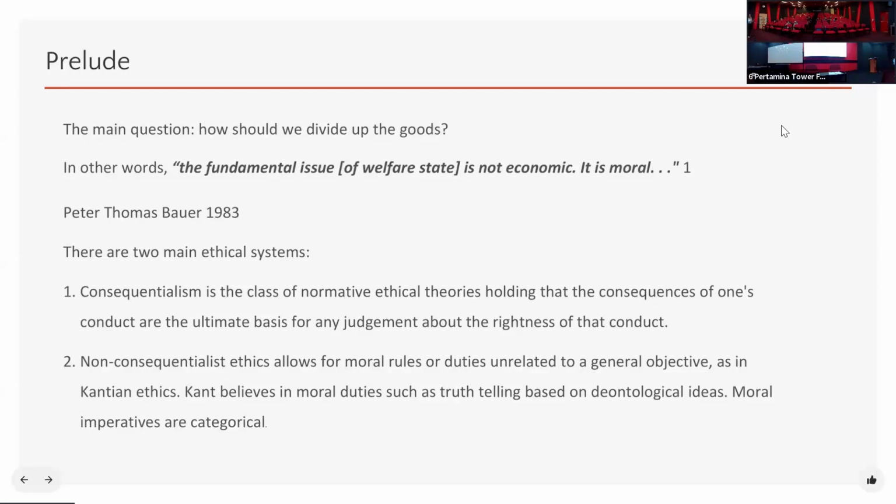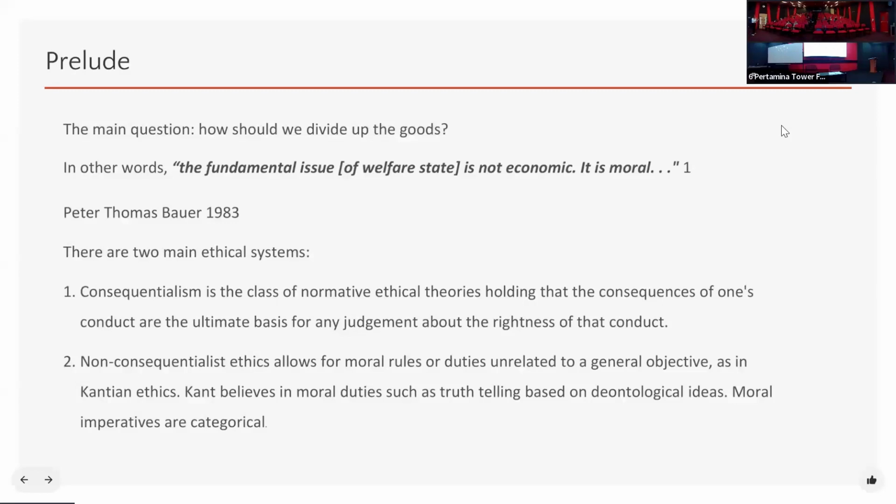And in very good words, this Hungarian economist called Peter Bauer, super famous on cost benefit, said that the fundamental issue for the welfare state is not economic, it's moral. So we're going to move a little bit into thinking about ethics. What is the right distribution or allocation of resources?